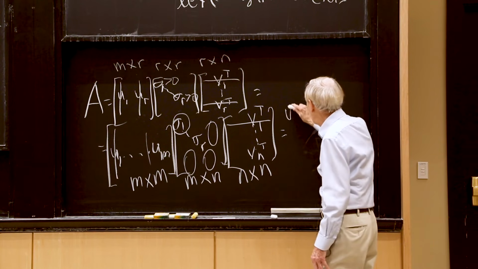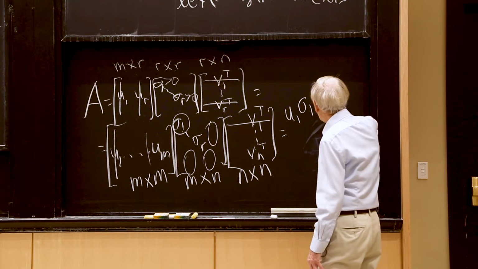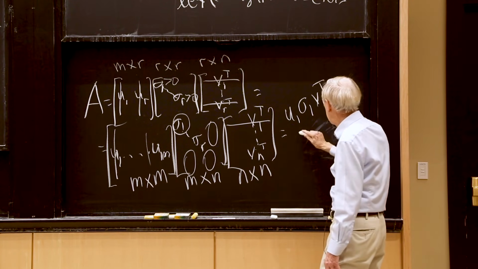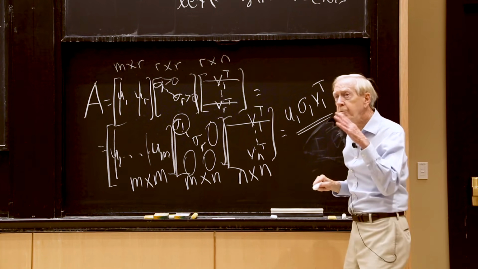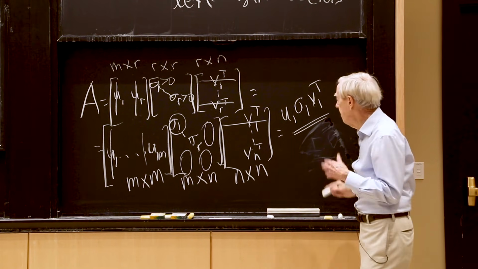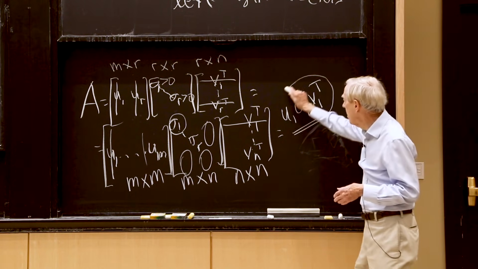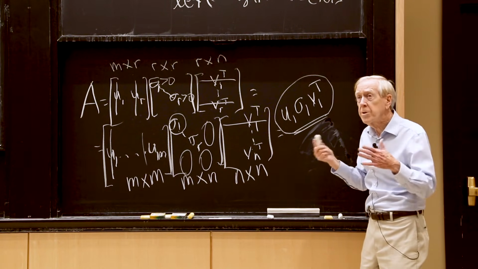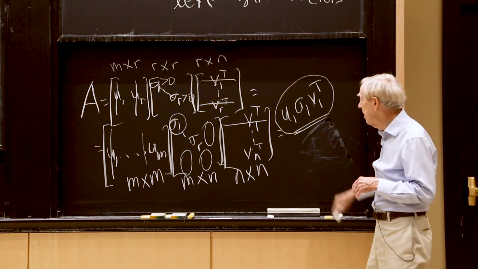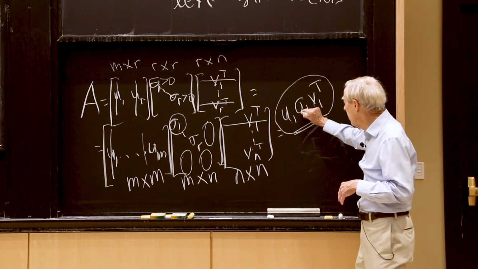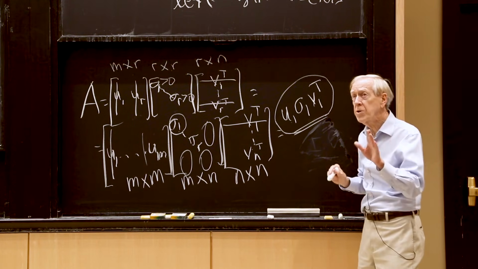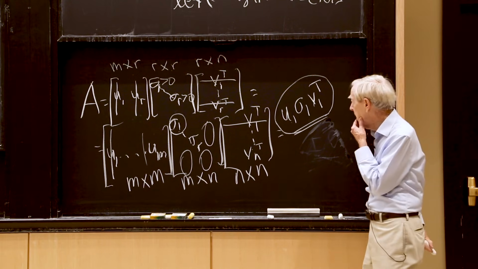So it's u1 sigma 1 v1 transpose, the top principal part of the matrix A. It's the leading part of the matrix A, the biggest rank 1 part of the matrix. So computing those three guys is the first step to understanding the data.